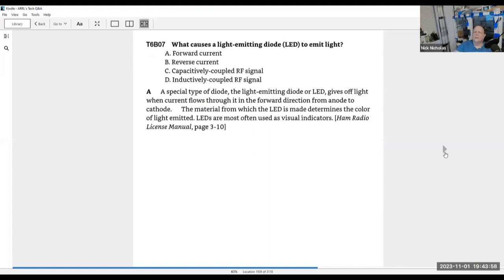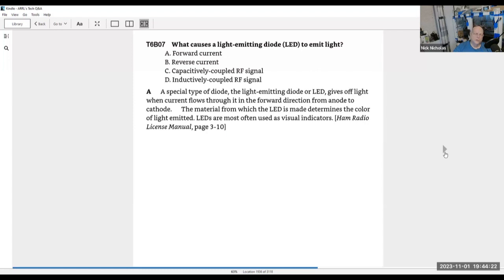What causes a light emitting diode to emit light? I don't really like this question or the answer, but it's a technically correct answer. The forward current through the diode allows it to light. Diodes are very efficient. They don't need a lot of current to go through them. In fact, you'll burn them out if too much current goes through them.